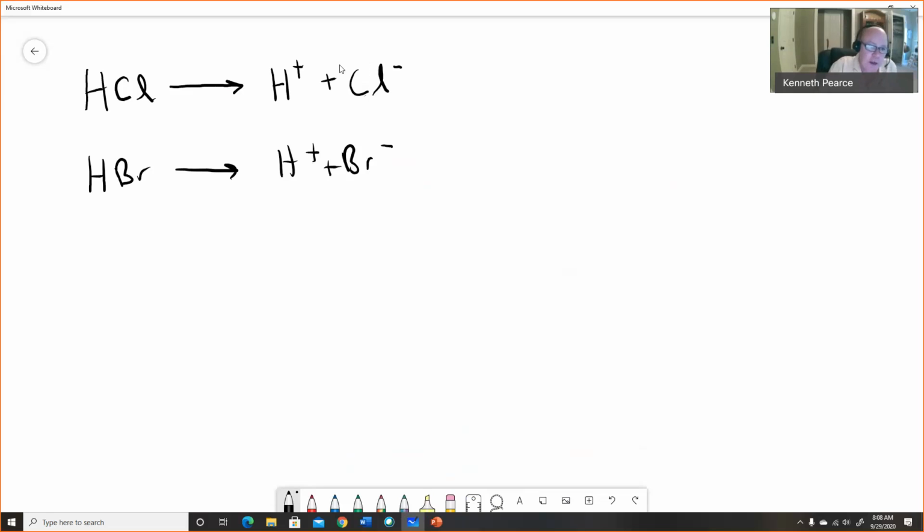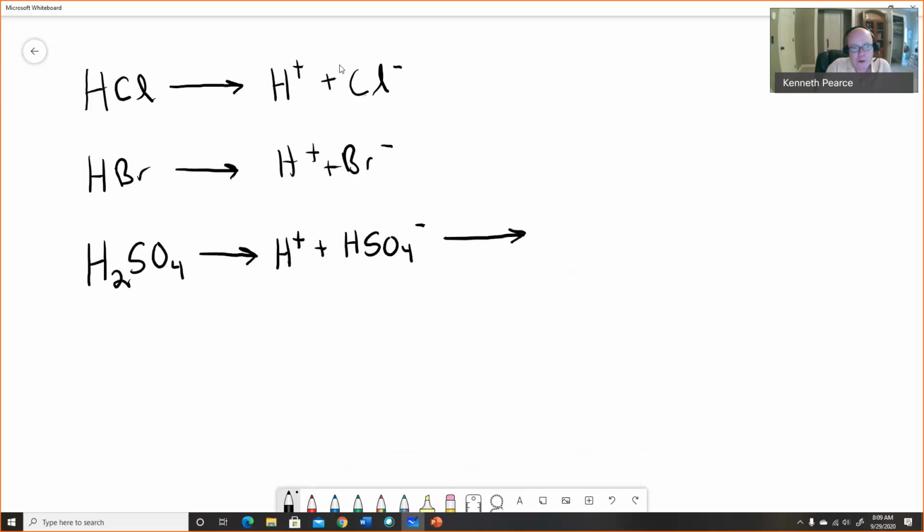Now, if it has more than one H in the front, let's say like sulfuric acid, it will actually produce one at a time an H plus. So the first H plus comes off and you have H plus and the bisulfate ion that's left over. And that's the strong acid. And then that will dissociate even further to produce the second proton, which is what an H plus is called. And now you have the sulfate ion.